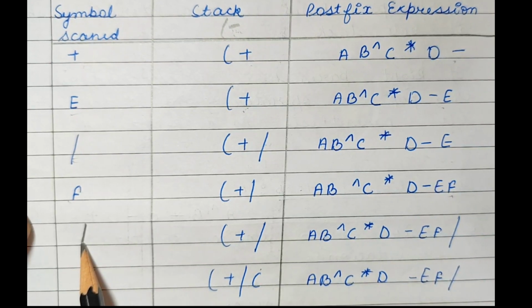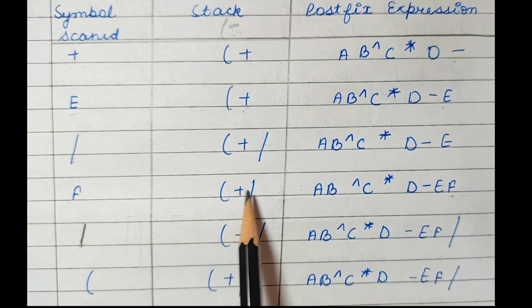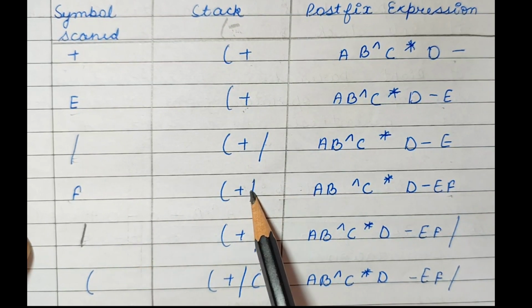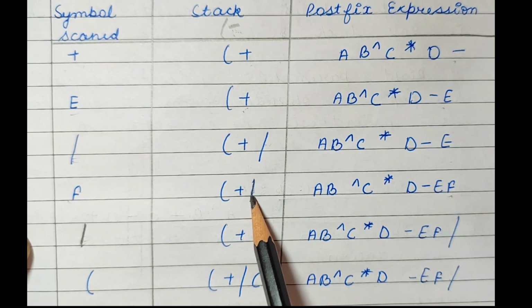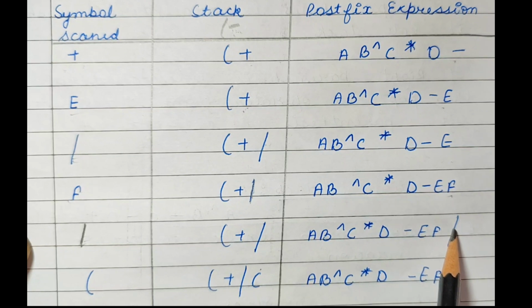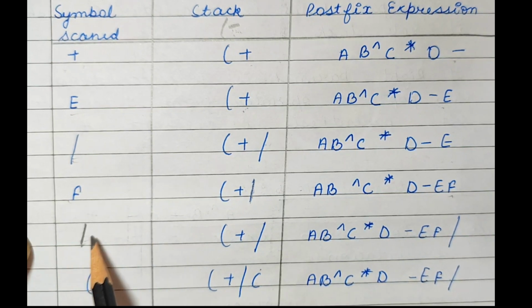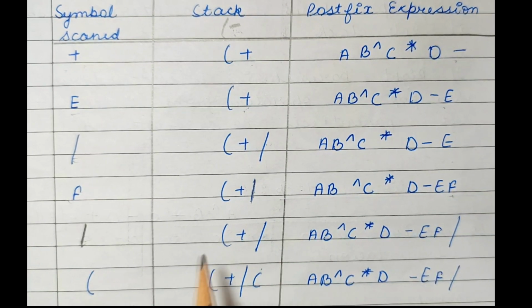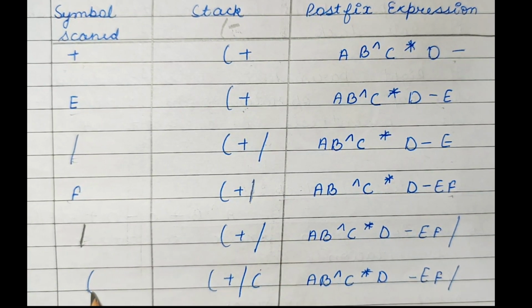After this we have divide. Now divide is an operator. So we check the priority of the operator which is already in the stack. Now in the stack we already have the division operator, which has the same priority. So we pop this division operator and push the new division operator in the stack. After this we have left parenthesis.